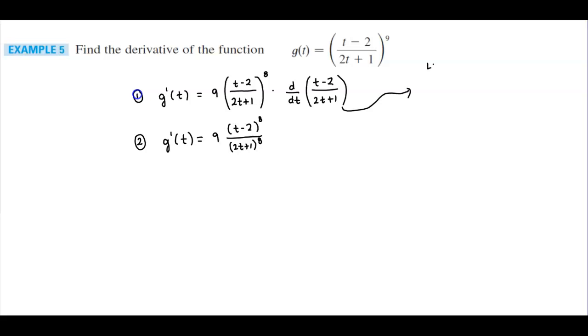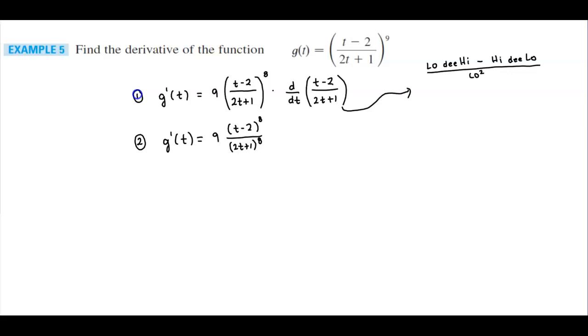So that means we're going to take low times the derivative of the high, minus high times the derivative of the low, over low squared.